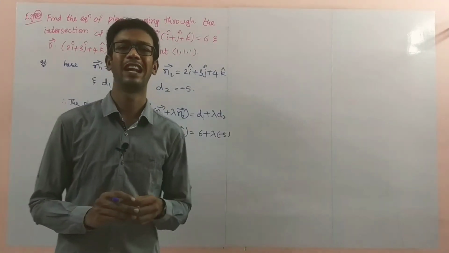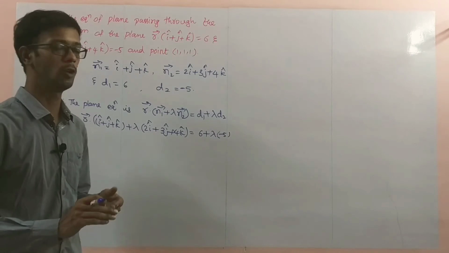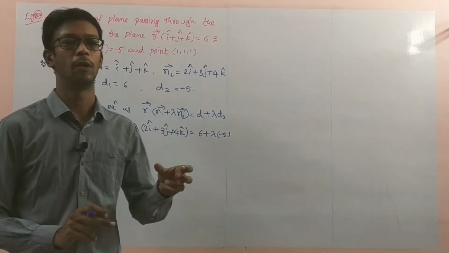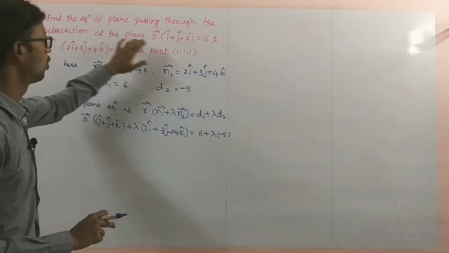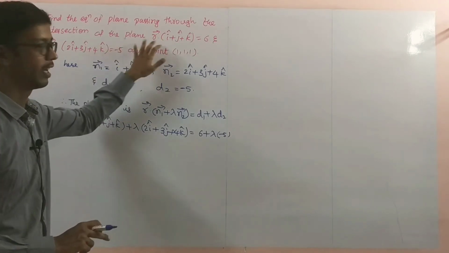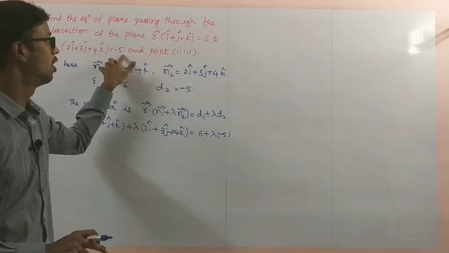Now we see example problem number 20 based upon the previous note points. Note point 1: the plane equation passing through the intersection of two planes. Here also two planes are given. You have to find the plane equation passing through the intersection of the two planes, and a point is also given.